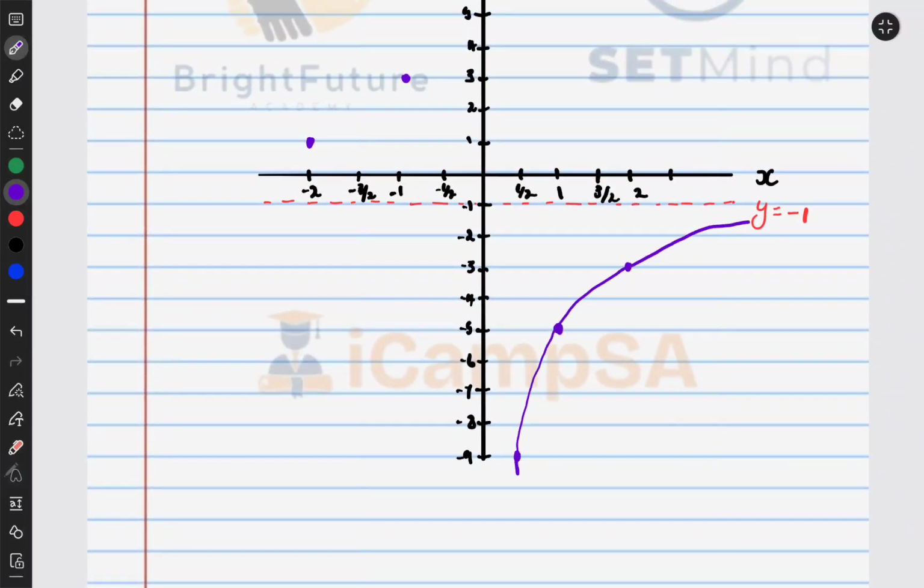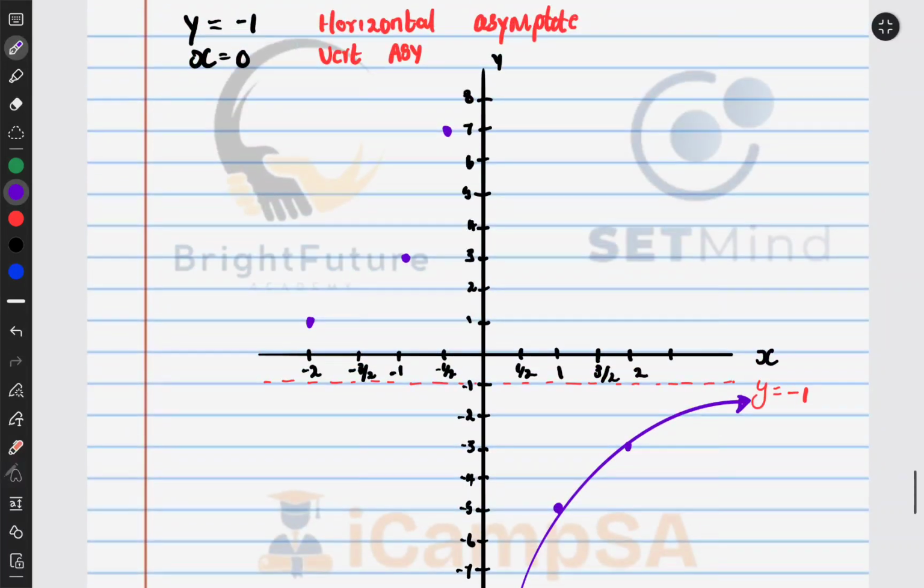We join our points, and that is the function, as you see. That is our function.